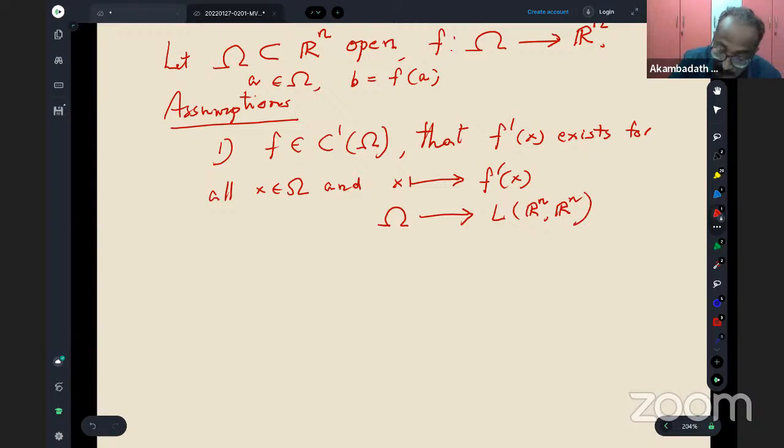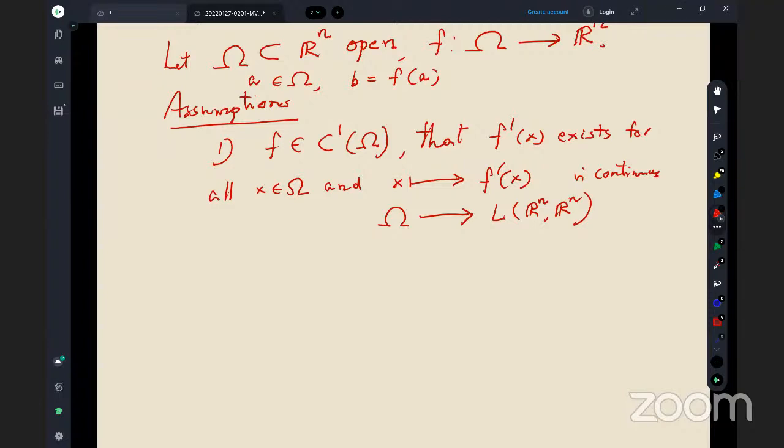And this map is continuous. That's what I am talking about. It's not that you are talking about the continuity of f prime of x at a point. X going to f prime of x, as a mapping from omega to L(R^n), because L(R^n) is also a normed linear space and it has a topology. With respect to that, this mapping is continuous.